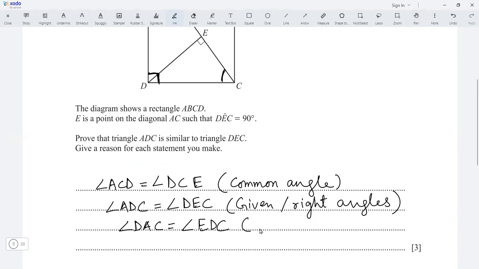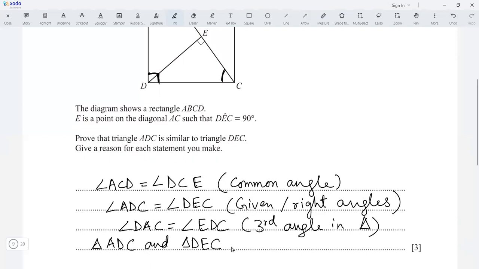The reason is basically you can say it's the third angle in a triangle. So then we can say triangle ADC and triangle DEC are similar because three of the angles are equal.